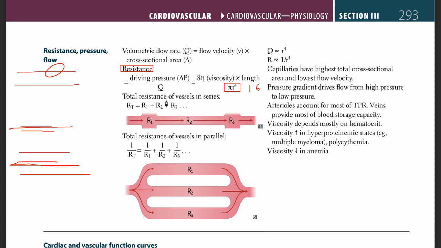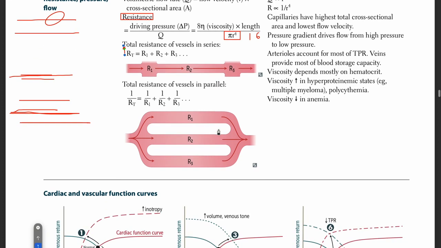Okay, so total resistance of vessels in series. If it's in series, the length is going to be increased, right? So if you add R1 length to the R2 length to the R3 length, it's going to keep increasing, right? Because again, length and resistance are proportional. But what if the flow is divided?